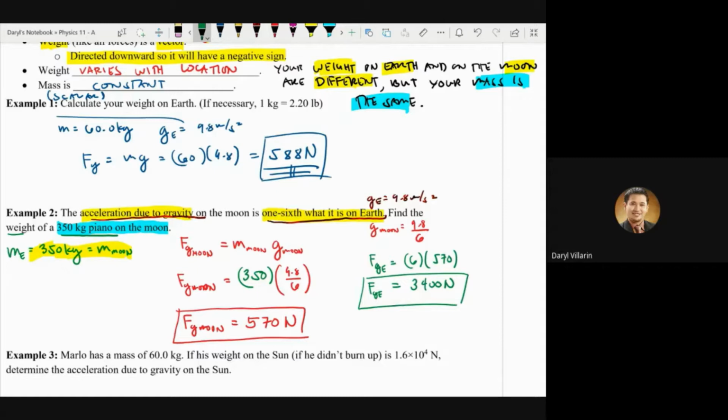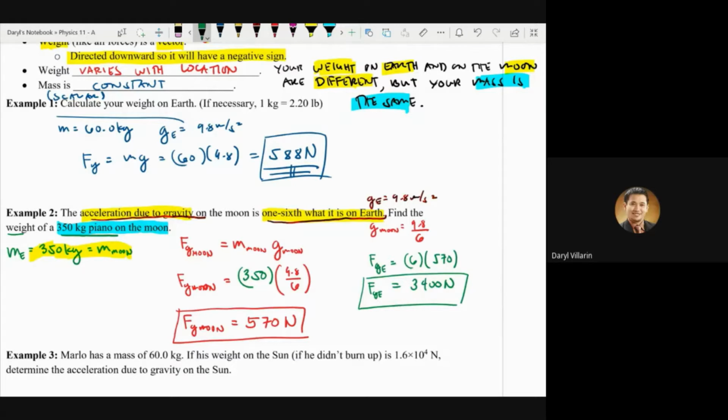But on the moon, 1/6 of 9.8 is around 1.6. So that means that on the moon, you'll just be falling at a rate of 1.6 meters per second in every second. That's quite slow compared to the Earth, right? So yeah, that's how you see it.